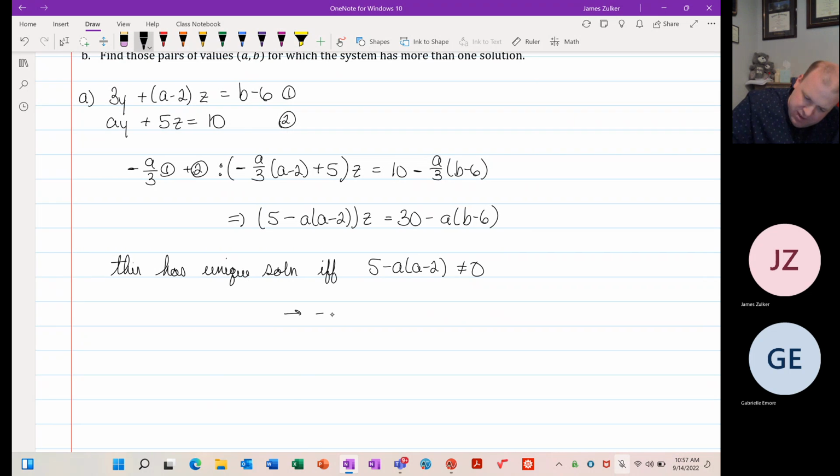Right, so this means we have -a squared, I'm sorry, that should be a 15 because I multiplied by 3. Negative a squared plus 2a plus 15 can't be 0.